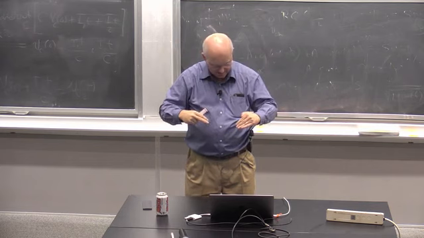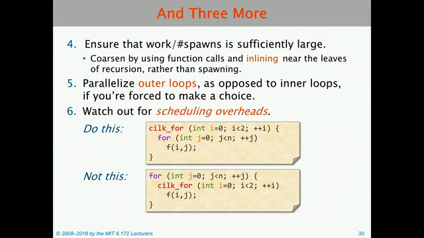The bottom one, I have n iterations, and each iteration does work 2. So I basically have n iterations with overhead. If you just look at the overhead, you can see what the difference is.